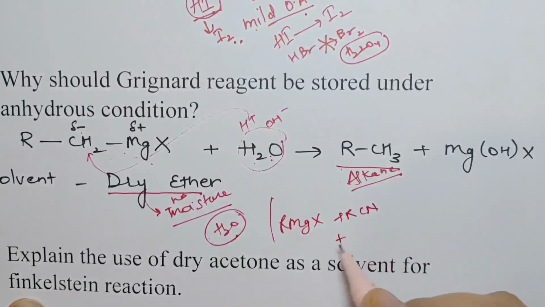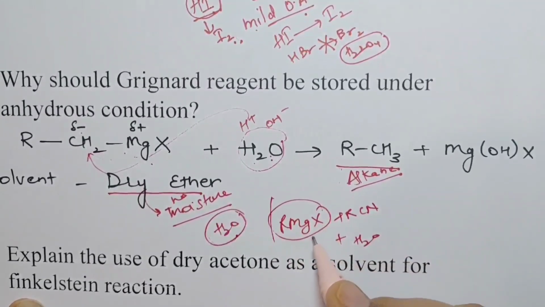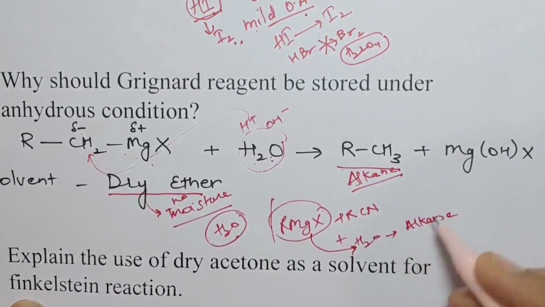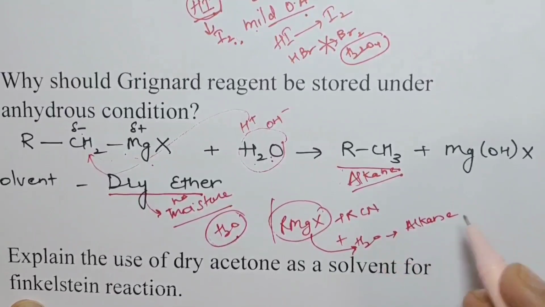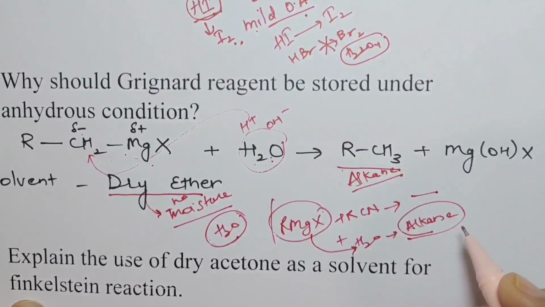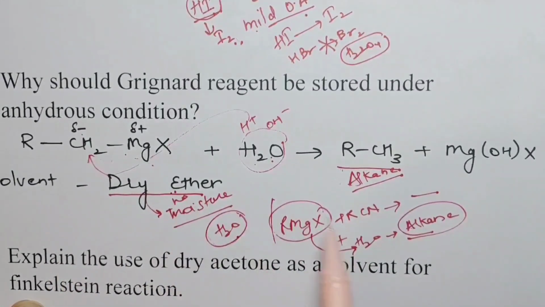But now since the solvent contains moisture, some of the RMgX would combine with moisture and will form alkane. And you will end up with many products: the product that you were expecting, wanted to make, and then this unwanted alkane, which you did not want to make, right? So it's important to use dry ether while carrying out reactions with Grignard reagent.